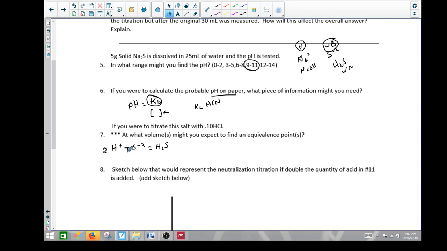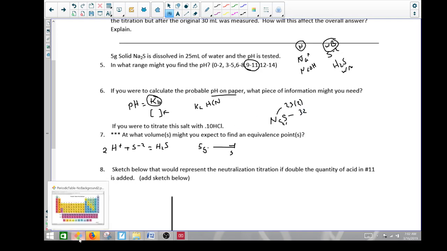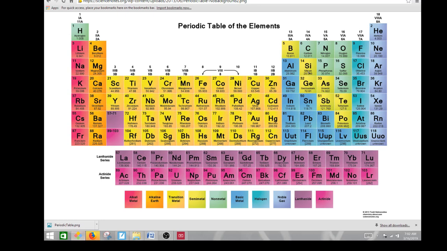In this case, let's get the moles. 5 grams, and that's the whole Na2S, so for grams to moles I want the molar mass of the whole thing. The molar mass of sodium is 23, and there are 2 of them. Sulfur is about 32, but let me check that quickly. Sulfur is about 32.0 and sodium looks like about 23, close.